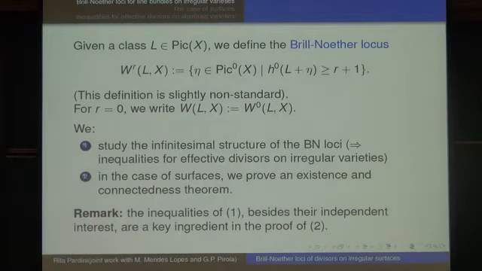Number one certainly has some interest in itself, but there's an interplay between these two topics, because for understanding whether L is or is not in its Brill-Noether locus, we will need some of the results in one when we prove two.